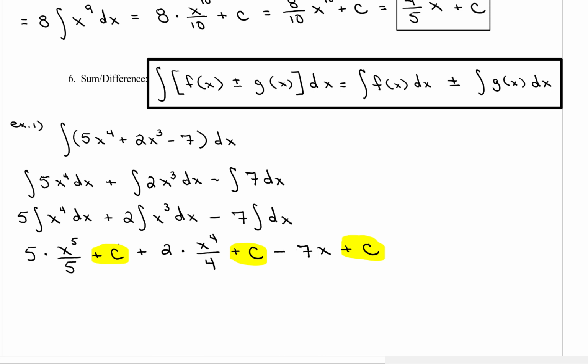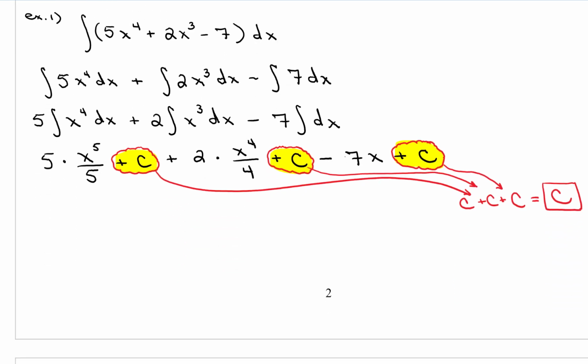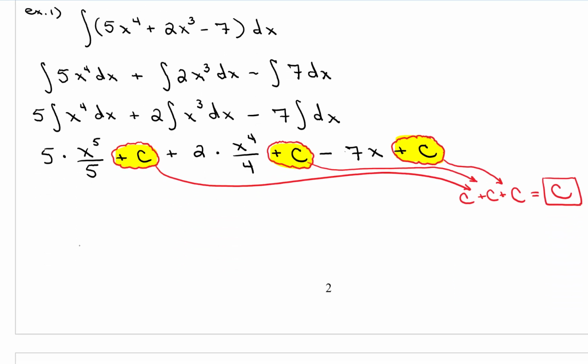If you add a constant plus a constant plus a constant, it will give you a constant. So I'm going to put little red clouds around each one of those c's and draw arrows pointing over to the right-hand side of my screen, and I'm going to write c plus c plus c is going to just give us another c. It's just a constant plus a constant plus a constant is just equal to a constant. So it's not necessary for us to write 3 c's. It is sufficient with just writing one single plus c at the end.